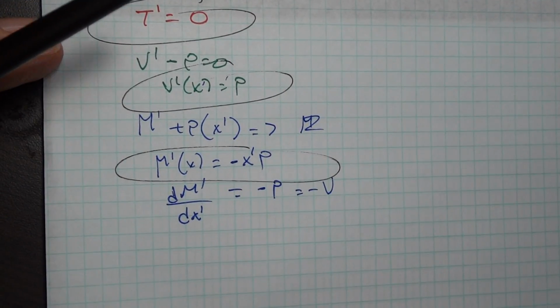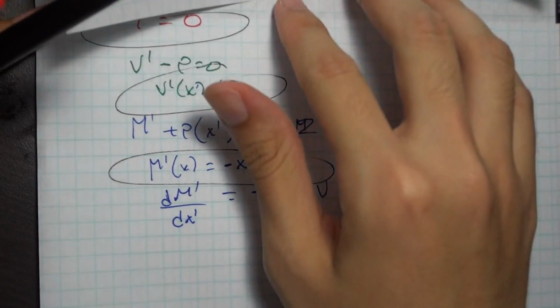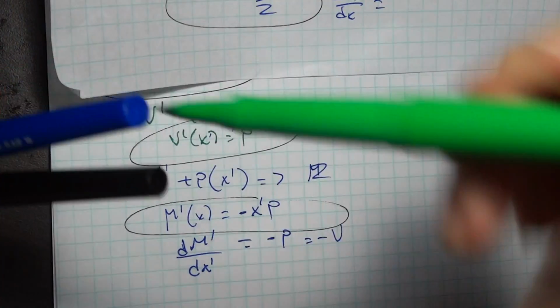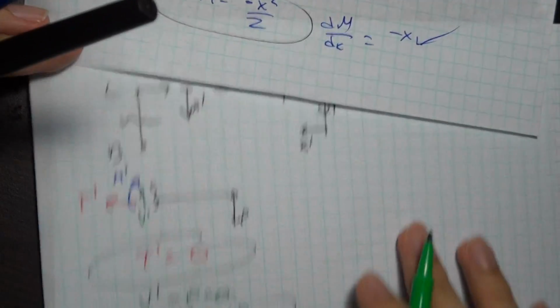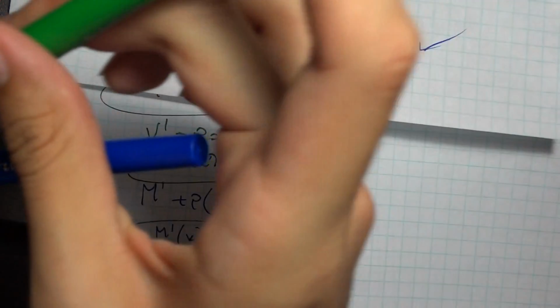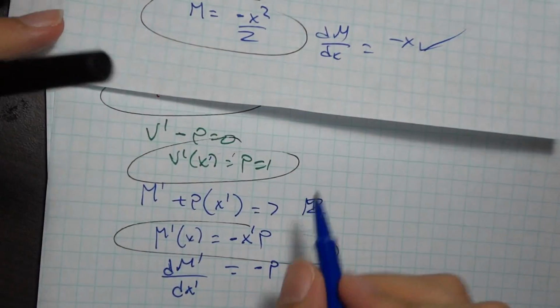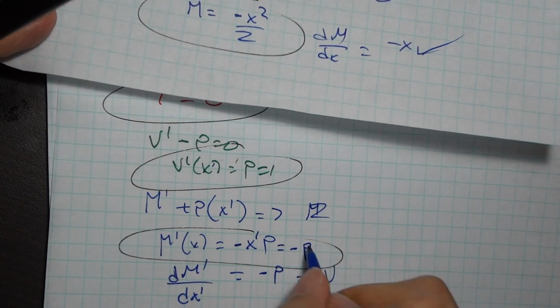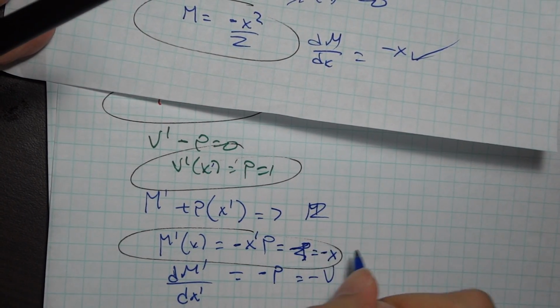Now I'm going to show you something interesting that happens here. I want you to notice the relationship. Sorry, this is not equal to P. This becomes equal to 1, and likewise this becomes equal to negative P, equals negative x prime.